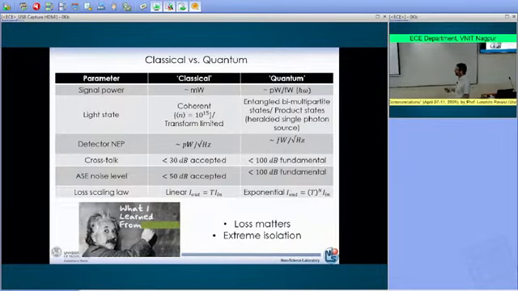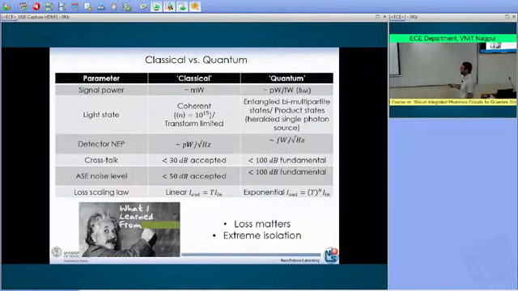On the other side, regarding the properties of the light state, in classical photonics, for example if we are considering a laser beam, the main property is that the laser beam is coherent. The coherence of the laser beam is the reason why we are developing silicon photonics, integrated photonics.